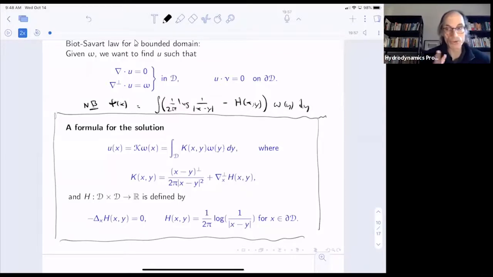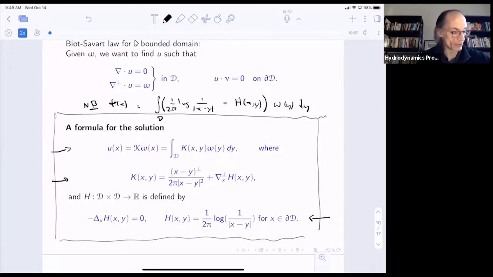And so I claim that this, for h defined below, we'll look at it in a second, will have the right property. It'll be a function whose Laplacian psi is equal to omega, and it will equal 0 on the boundary of the domain. This thing over D, and then I find u by taking the orthogonal gradient of that thing. That's exactly what K is here.